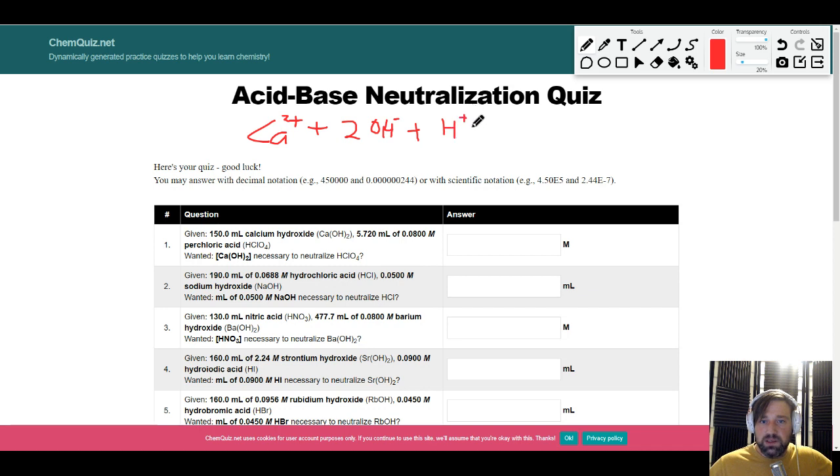Plus H plus and ClO4 minus. All right, and like I said before, these ions are going to cancel out on the other side, and the only thing we are going to be doing is H2O. If we wanted to balance this out, we'd have to have 2 H pluses in this. This is going to be important.